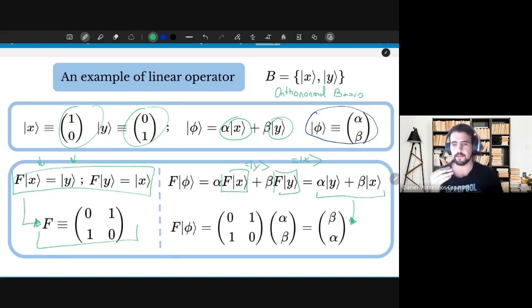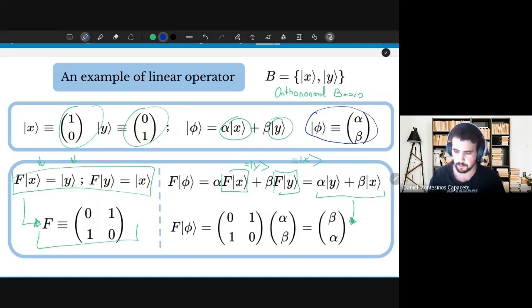If you prefer to do the operation using the matrix notation, you can also do that. It's fine. You just have to put the matrix form of your linear operator and the matrix form of your vector, and apply matrix multiplication. I hope that everyone is familiar with matrix multiplication.